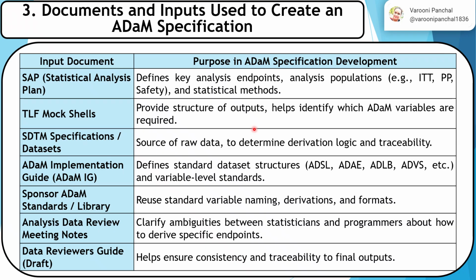The way we annotate the CRF, we call it an annotated CRF. In that same way, you can also annotate the mock shells with the specific variables that need to be taken for generating that particular table, listings and figure. So that helps identify as to correct analysis can be done.